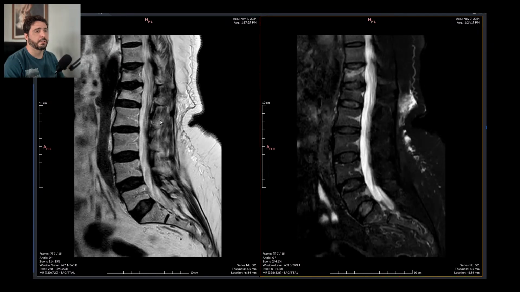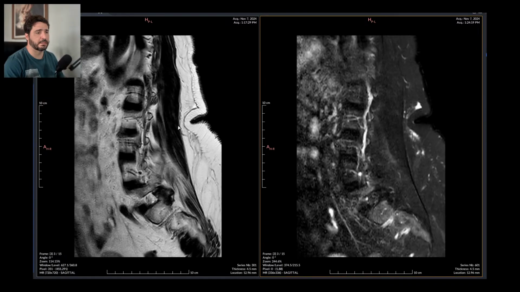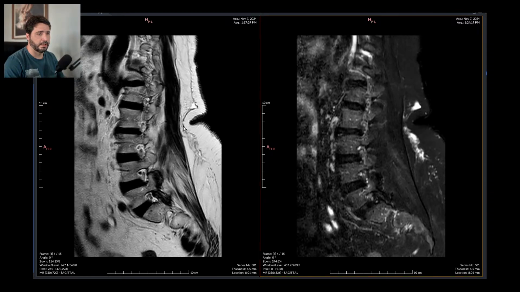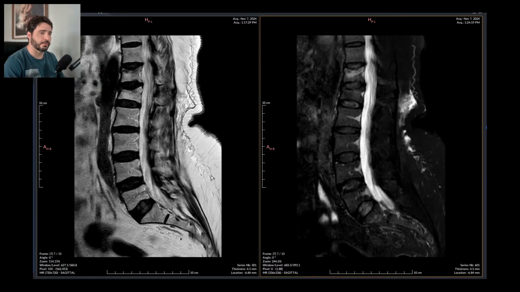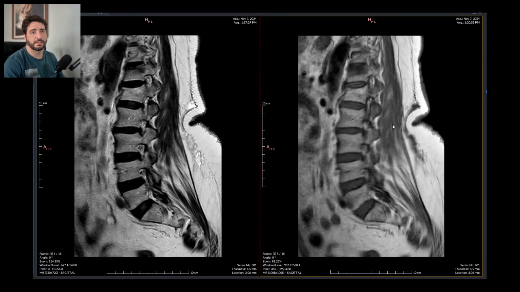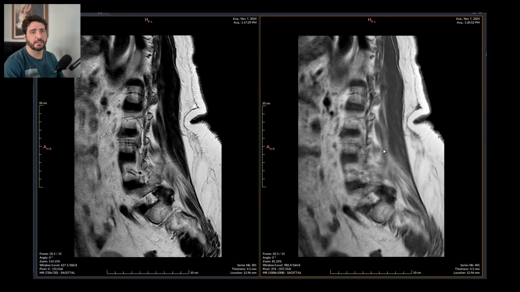This is usually related to osteoporosis. So this is an insufficiency fracture. A fracture due to overload of the spine in an osteoporotic patient. It's a fragile patient, and this is clearly shaky.